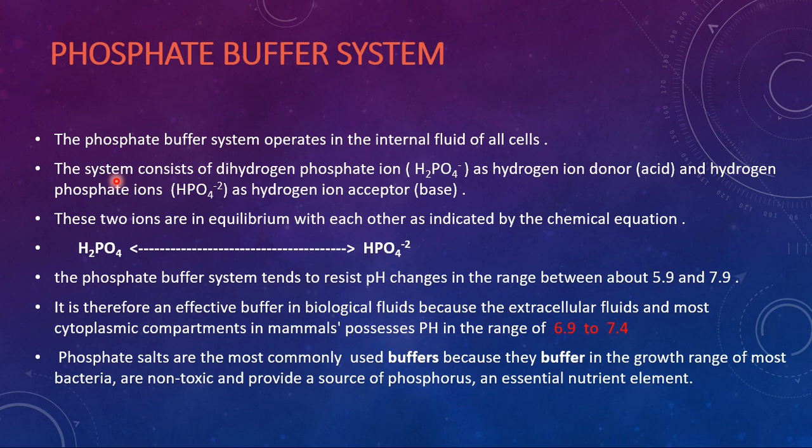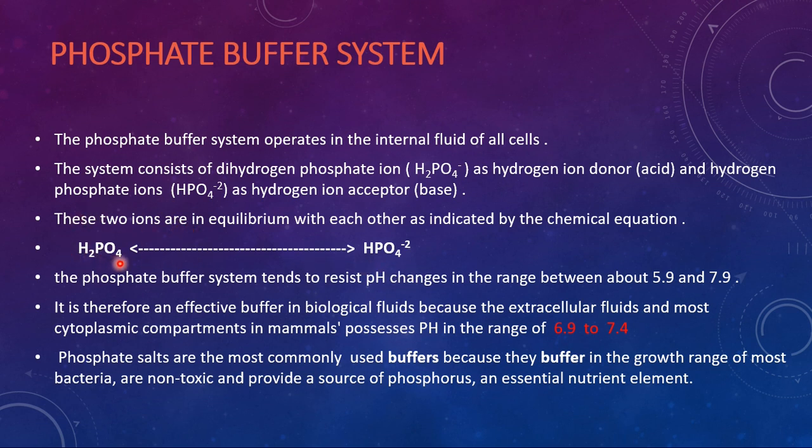This consists of the dihydrogen phosphate ion, that is H2PO4 minus, as the hydrogen donor, and the hydrogen phosphate ion, HPO4 minus 2, as the hydrogen acceptor. So remember here it's dihydrogen, H2, whereas here is the hydrogen phosphate ion. So it is a weak acid and its conjugate base. These two ions are in equilibrium with each other as indicated.